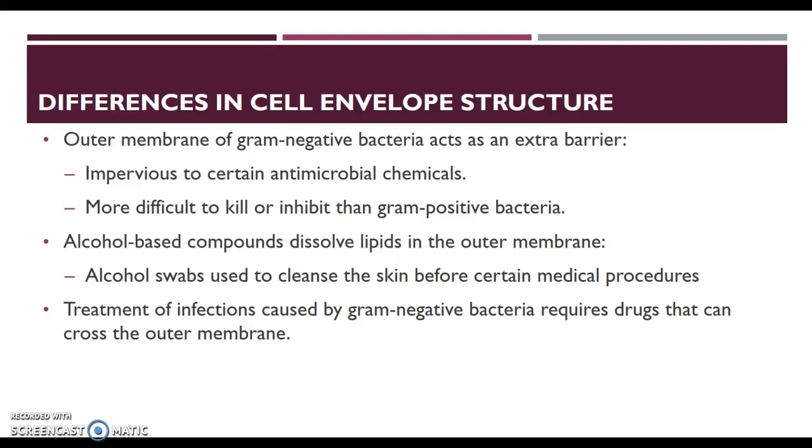The use of alcohol has been very effective in addressing gram-negative organisms outside the body. So this is why you use an alcohol swab to cleanse the skin before certain medical procedures. Also, particular antibiotics are used in the treatment of gram-negative bacteria that attack that outer membrane.